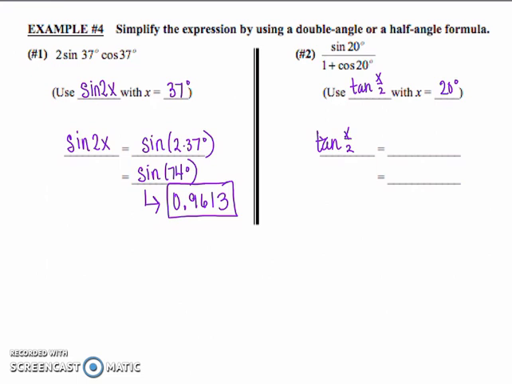So in this case, tangent of x over 2 would be equal to tangent of 20 degrees over 2, which would be tangent of 10 degrees. Again, not a nice value for us on the unit circle, so we grab our calculator, type it in degree mode, and we should get 0.1763 rounded to 4 decimal places.